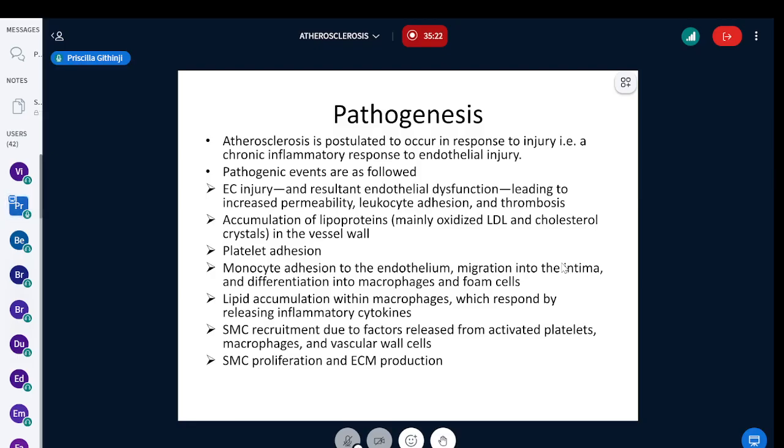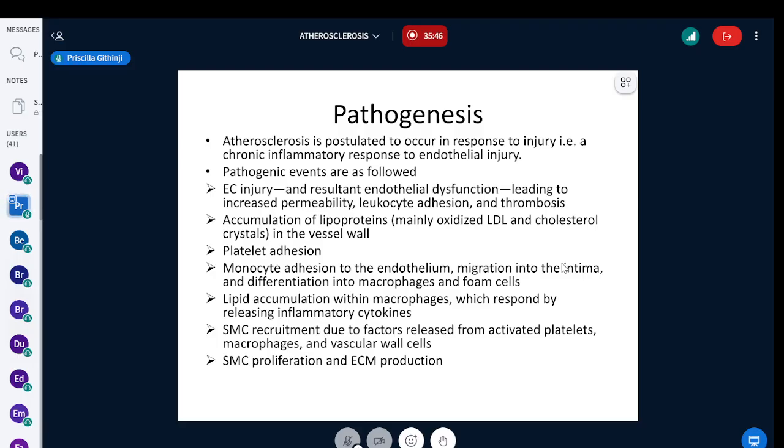So you start with endothelial cell injury. When you have endothelial cells being injured, they become dysfunctional. So when your endothelial cells are dysfunctional, they allow seepage of substances from your blood into the wall of the blood vessel. So you have increased permeability.